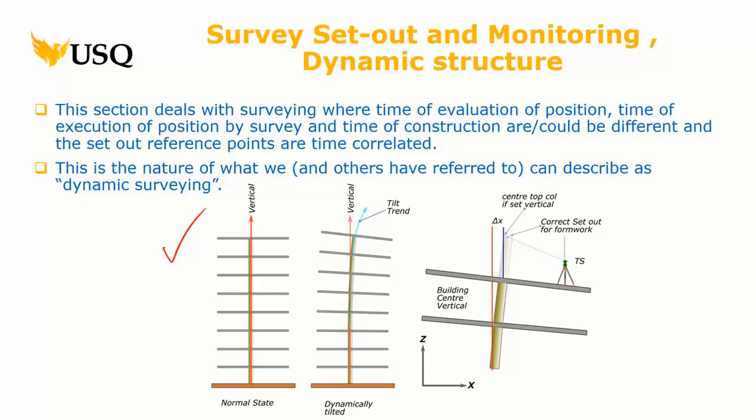For generations we have had EDM and precise measurement, but we are still standing in a place measuring angles and distances. We're still doing the same stuff. You don't see hydrographic surveyors go on a boat, set up a total station and say, okay, I'm going to measure all the targets, while the waves are going like this.